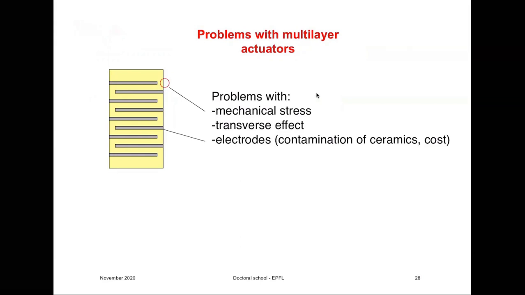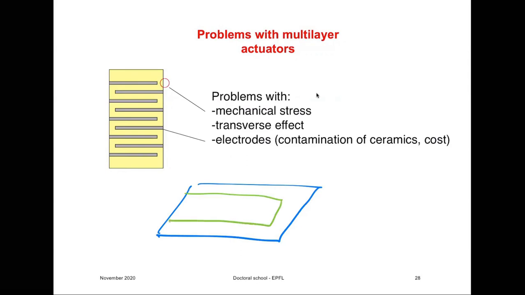They use the same technology that is used for multi-layer capacitors, and this is very well understood. So what you would do is you use a ceramic tape. How can you make a tape of ceramic? You mix it with the polymer, you dry it, and you have a ceramic tape which is very thin.